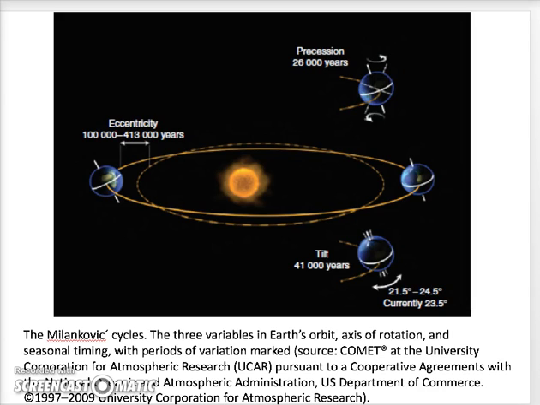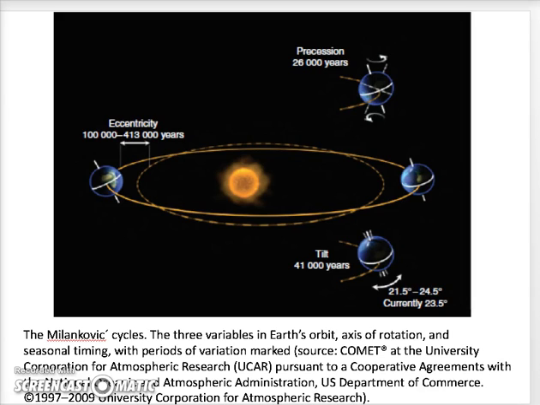Currently, perihelion occurs on January 3rd, when the Earth is 5 million kilometers closer to the Sun than on July 4th, aphelion. This distance effect causes the Earth to receive 7% more solar energy at perihelion than at aphelion.